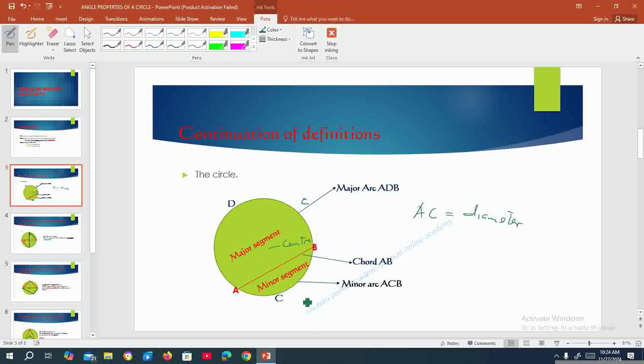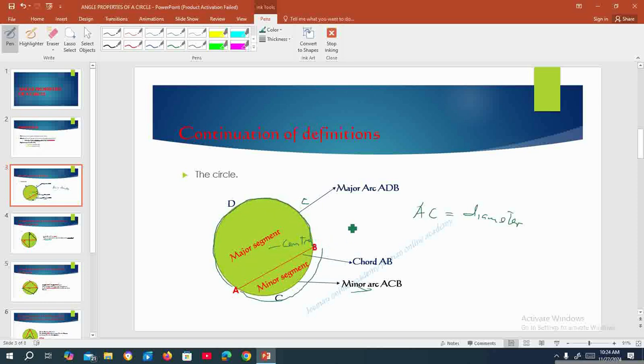So now arcs. An arc, we said, is just a part of the circumference. So this is from A through C through B. That is an arc. And because it is a shorter arc, we call it the minor arc. The same, the distance from A to D, then from D to C to B, that's also an arc.